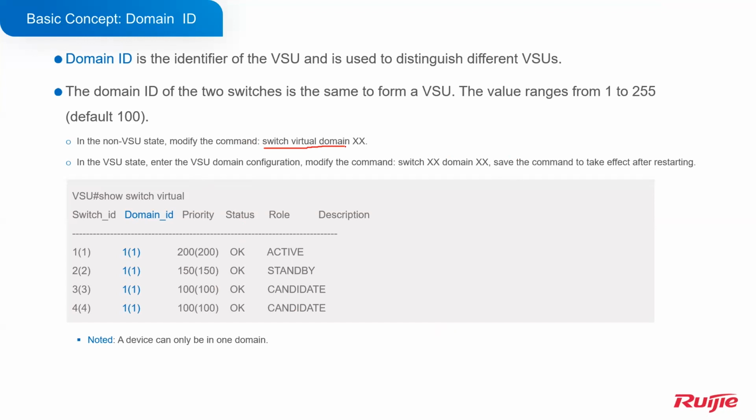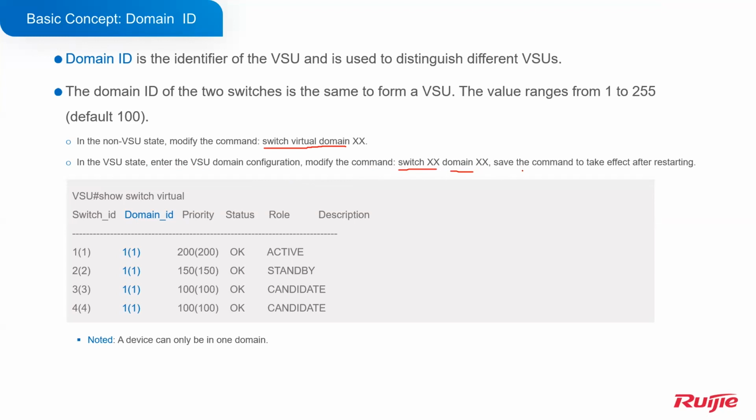By default it is 100. And if you are in VSU status, meaning you have already deployed the VSU successfully, and you want to change the domain ID, you have to use this command: switch, which switch, change to which domain ID. And then you have to save the configuration.